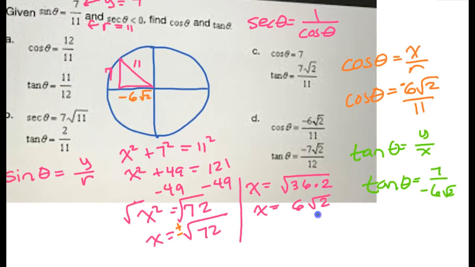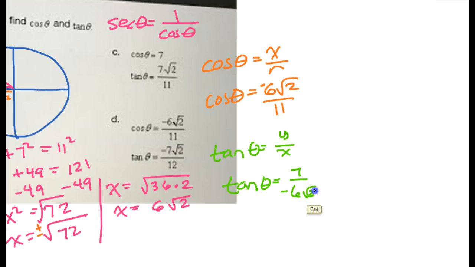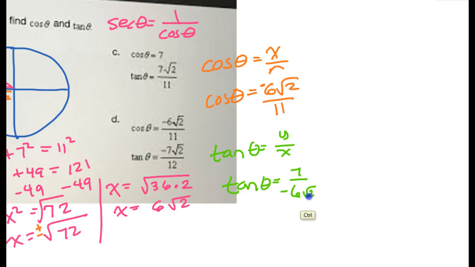Just at a glance, I'm looking at all these tangents, and I don't see this answer. That's because usually if you come up with a radical in the denominator, they rationalize it, they get rid of the radical in the denominator by multiplying the numerator and denominator by that same radical.